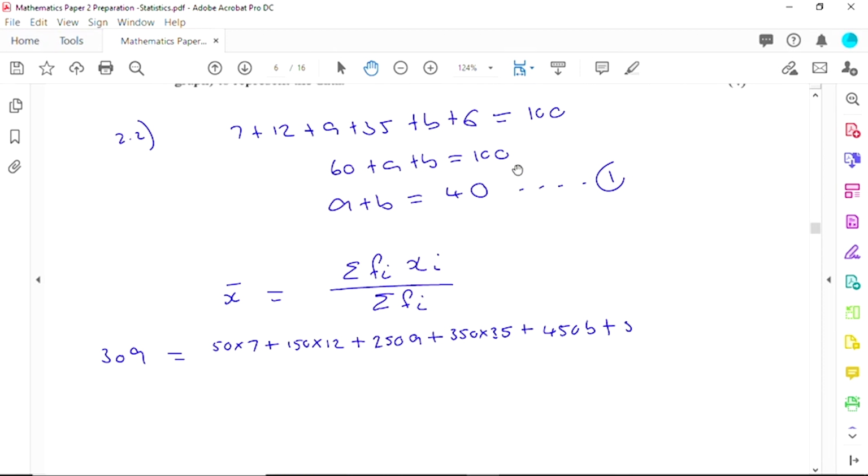And this is all over 100, where the sum of the fi's is equal to 100.